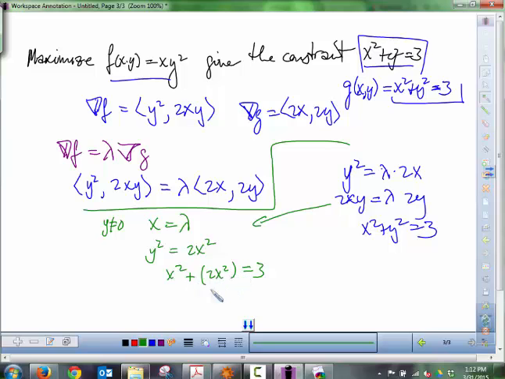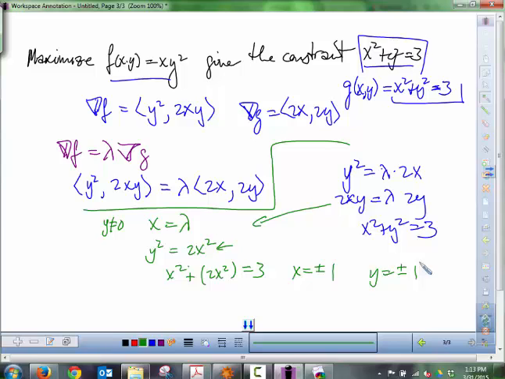So my x looks like it's going to be positive and negative 1, right? 3x squared divided by 3 is x squared equal to 1. So x is equal to plus and minus 1. Now, if I put that into y, then I'll get y is also equal to plus and minus 1.